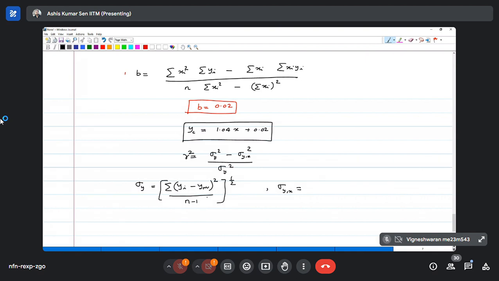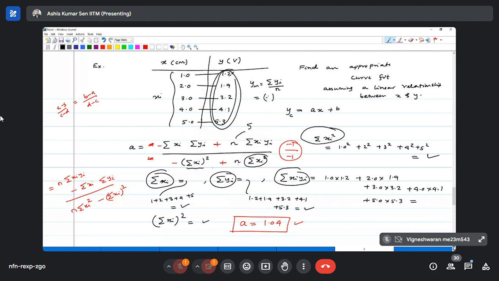And similarly, sigma yx, how do you find? So you have each yi here. Now you make another column where you have yc. What is yc? Yc is basically your 1.04x plus 0.02.